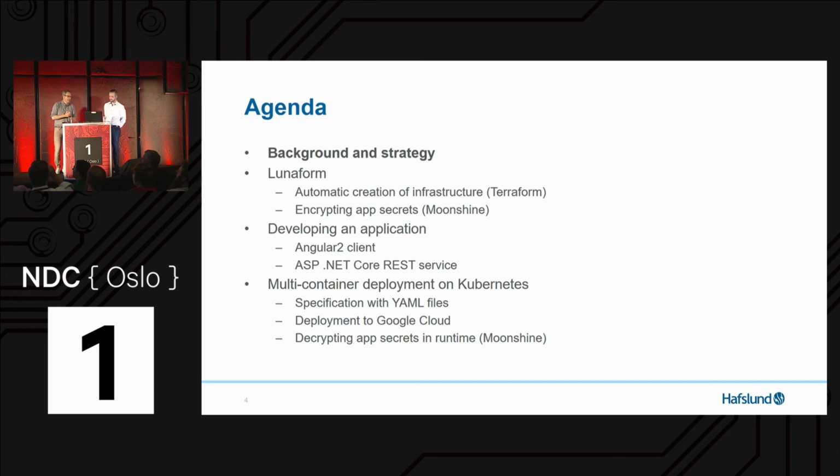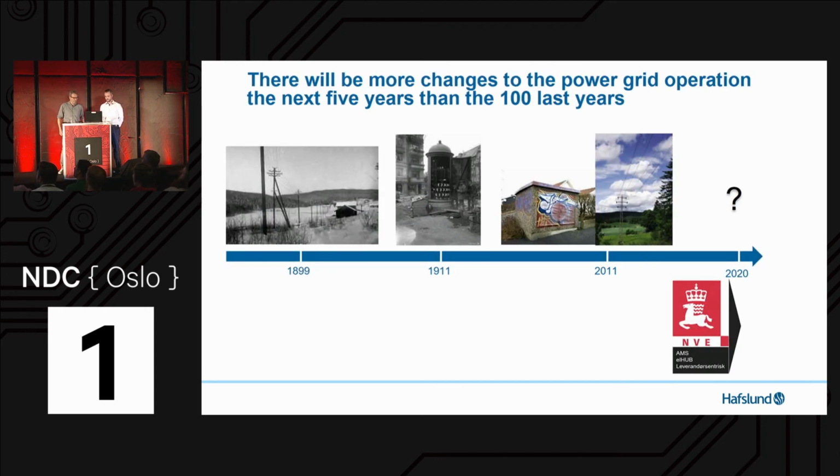I'll say something about the background just briefly, to say where we are and where we're coming from. This is a slide I got from my boss, and the point of it is that this business is over 100 years old, and for the first 100 years, nothing happened except that the net stations were progressively getting uglier.